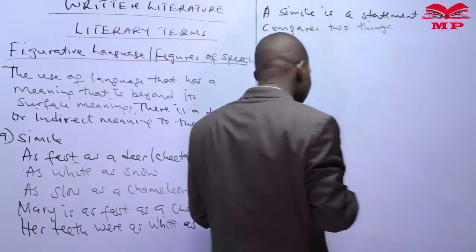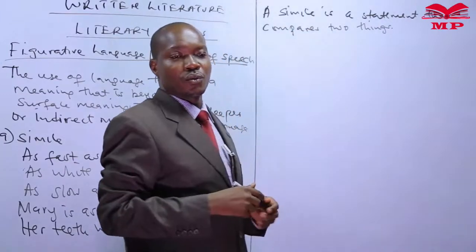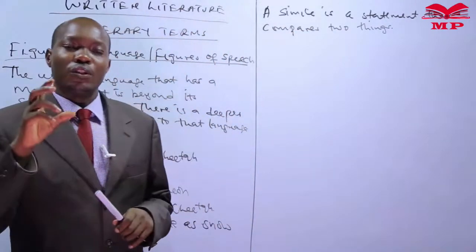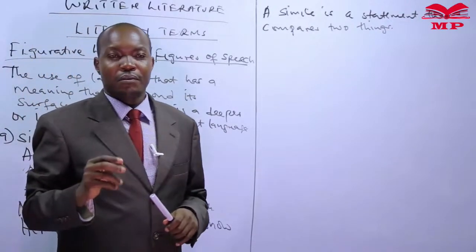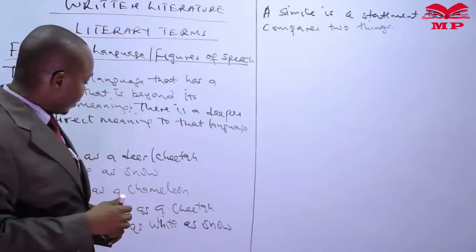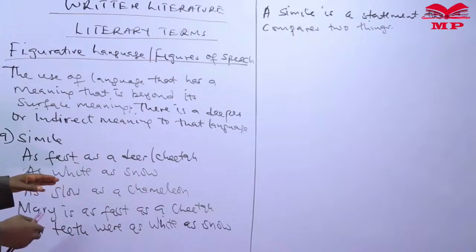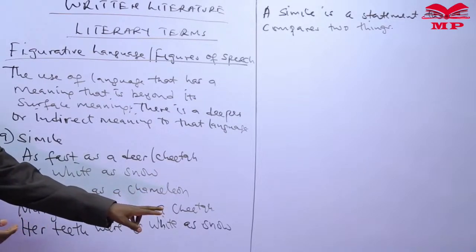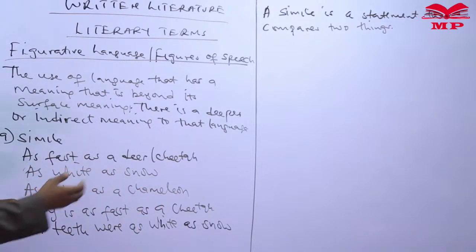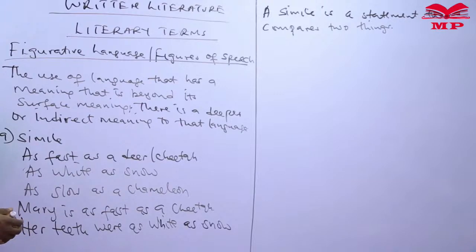Now, we are saying comparing. When you are comparing, those 2 things must have similarities. For example, we are looking at the speed of this person, Mary, and the cheetah. Both are very fast in running.